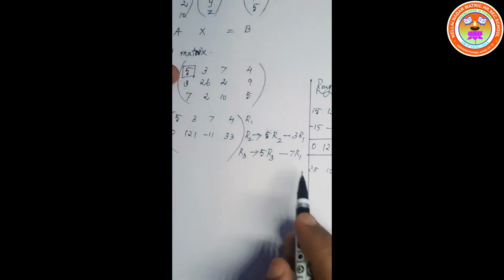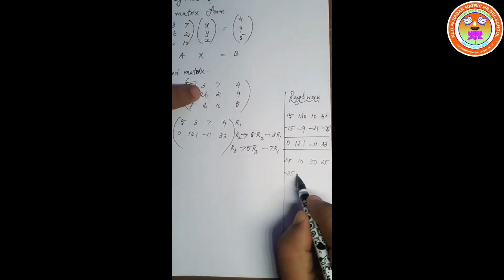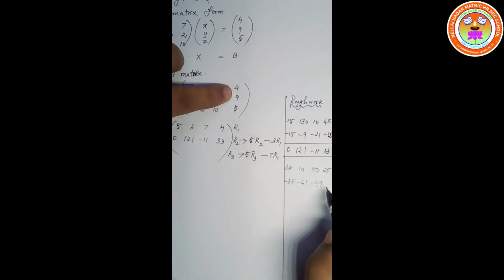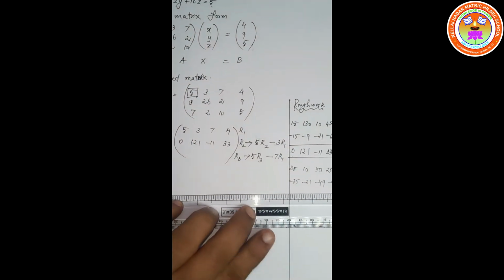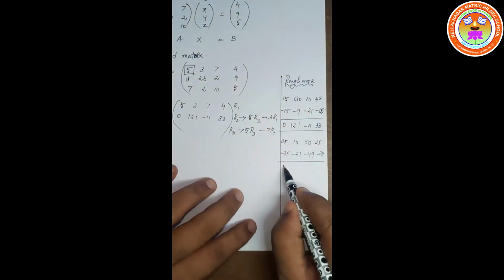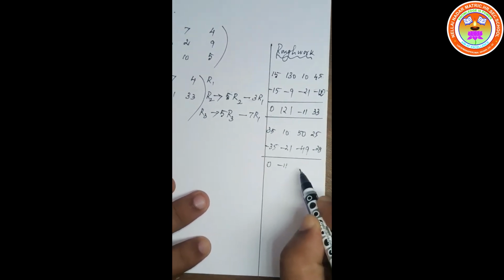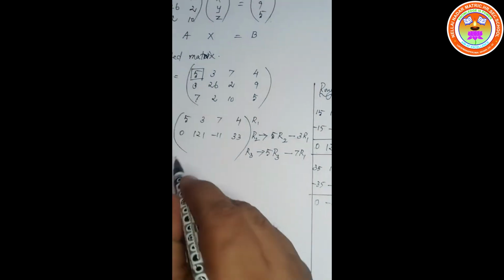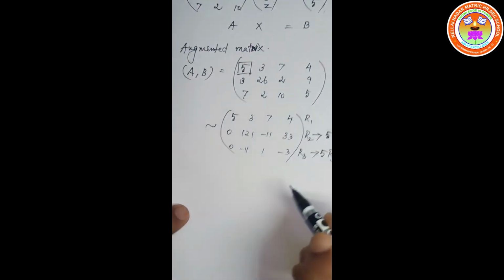Multiply R1 by minus 7. Minus 7 into 5, minus 35. Minus 7 into 3, minus 21. Minus 7 into 7, minus 49. Minus 7 into 4, minus 28. Here 0, minus 11, 1 and minus 3.